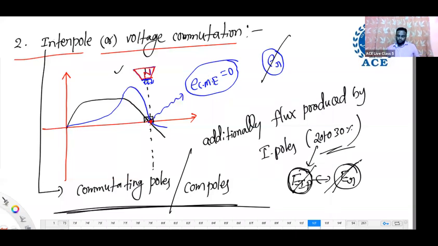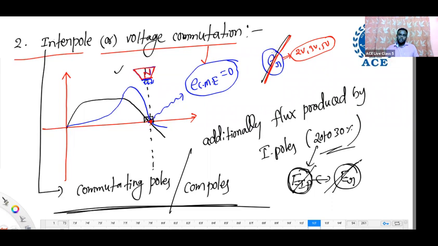And sir, what about the reactance voltage? That reactance voltage is due to change of flux in the coil. You can neglect it because the reactance voltage is very small, in the range of 2 volts, 3 volts, 5 volts. It is negligible compared to the cross-magnetizing voltage, which is very high. That is our main consideration.